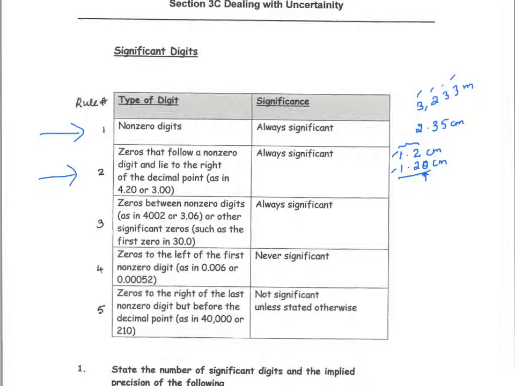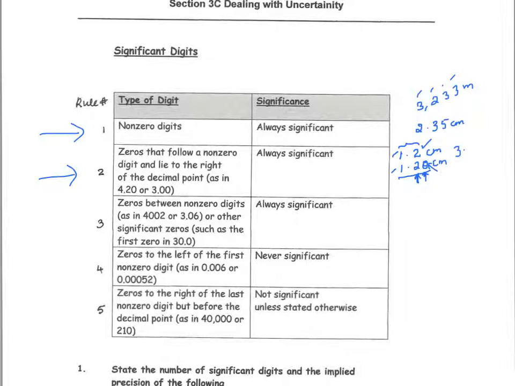Because if they didn't care about that 0, they could have just written the number as 1.2. So this is the reason why if you have a 0 to the right of the decimal point, and this is the non-zero number that the 0 follows, then that's always significant.